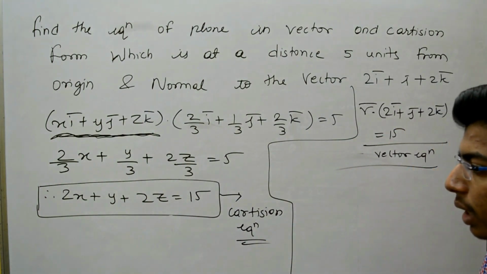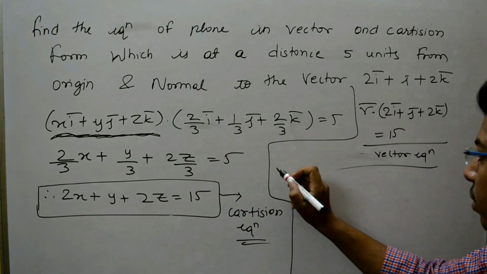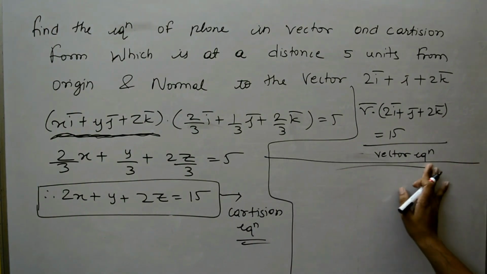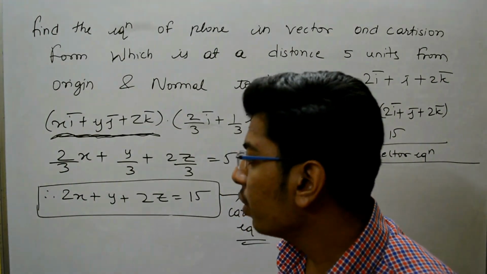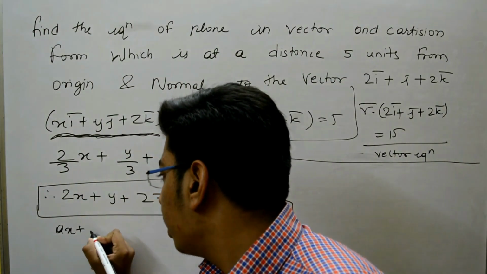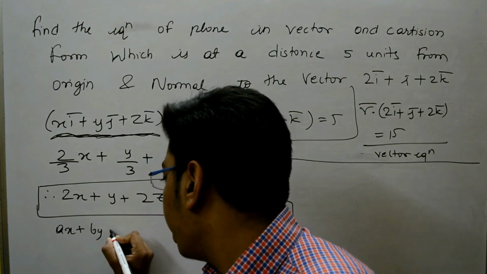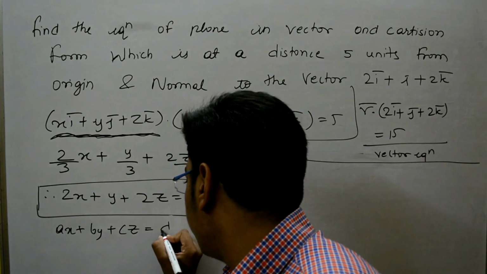So basically this equation is of the type ax plus by plus cz is equal to d.